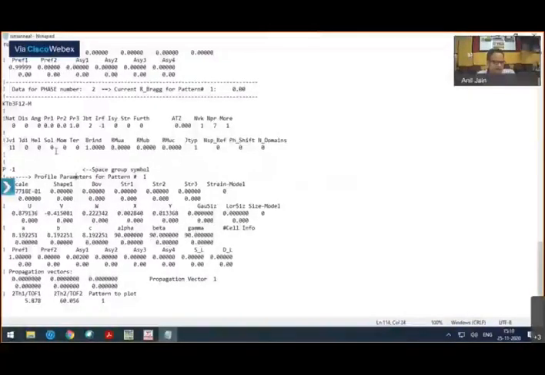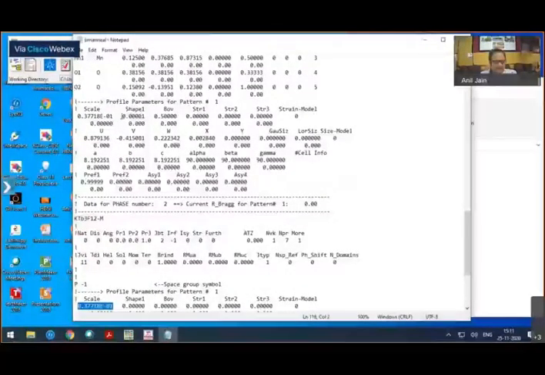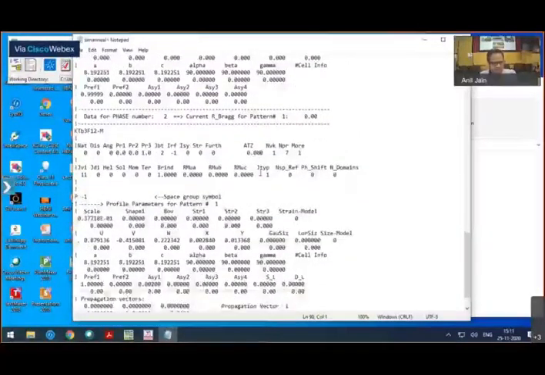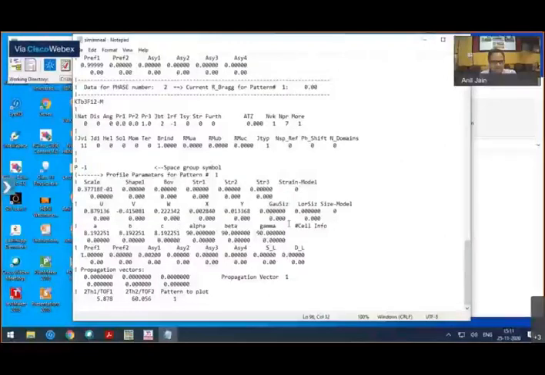After we have added this phase, it has only P -1, so no restriction with respect to the symmetry. And this scale factor, we have to keep the same as the scale factor for the nuclear phase. We can keep UVW the same, and the lattice constants A, B, C, alpha, beta, gamma, we should also keep the same.